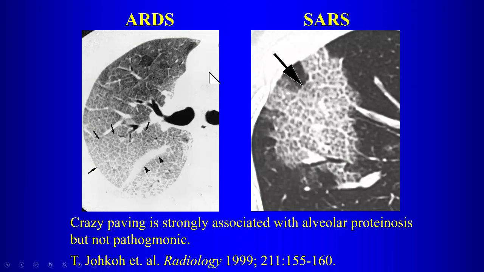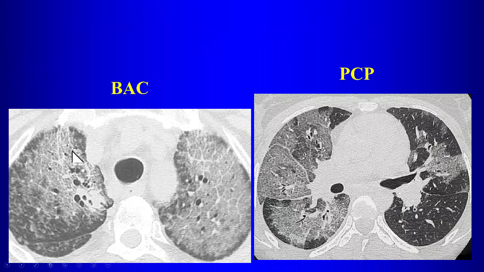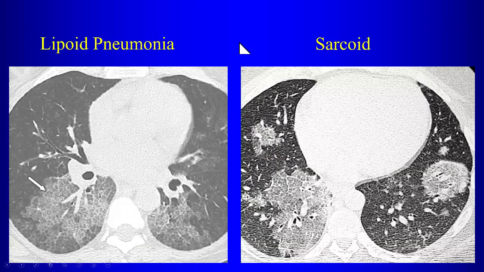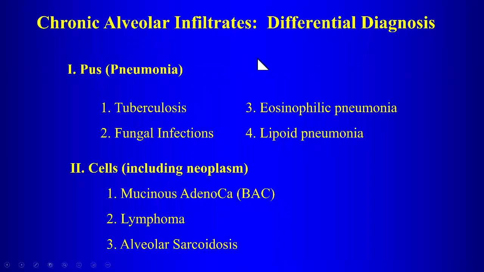SARS, pneumonia, even COVID can give you crazy paving. Bronchoalveolar carcinoma, crazy paving. Pneumocystis, crazy paving. So they're not specific for pulmonary alveolar proteinosis. Even an unusual case of sarcoid with crazy paving. And here's lipoid pneumonia with crazy paving. So many things can give you crazy paving. Okay, but think of pulmonary alveolar proteinosis. That's what the textbooks talk about.